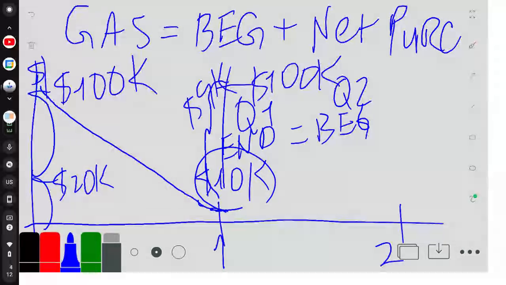So look at the inventory level. Inventory level will go down over time, right? It will deplete, right?